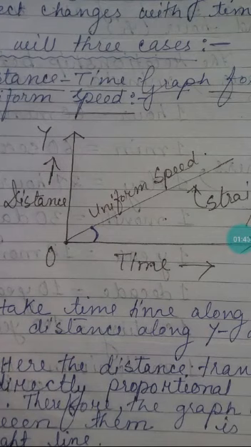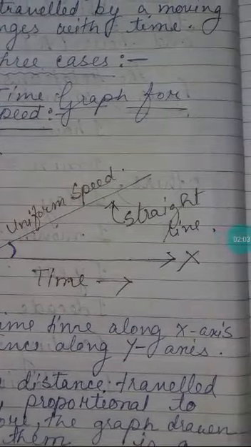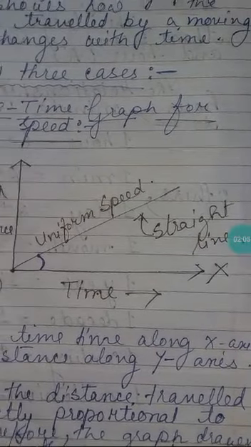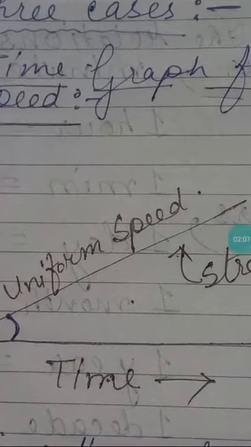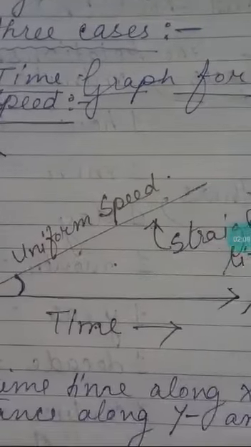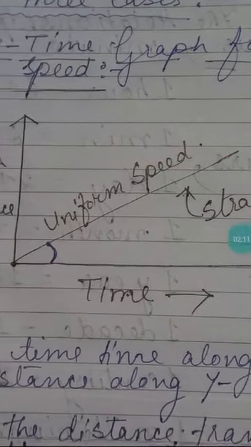Whenever we represent a speed graph, we will require what? Distance and time, right? So we will take time along the x-axis and distance along the y-axis. By taking it, we see that the speed graph comes as a straight line.